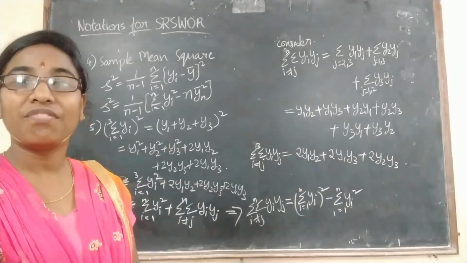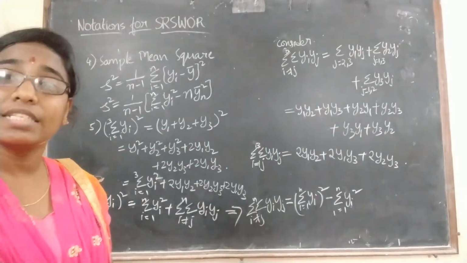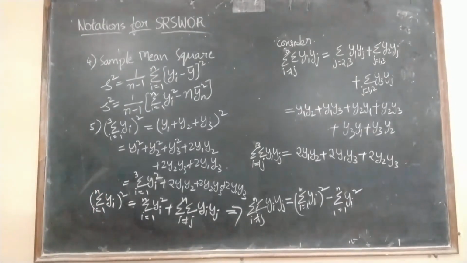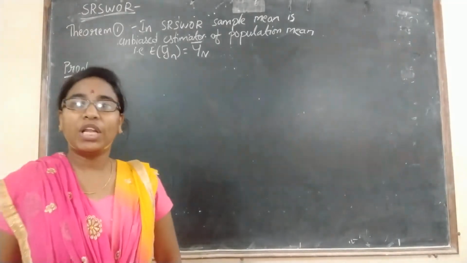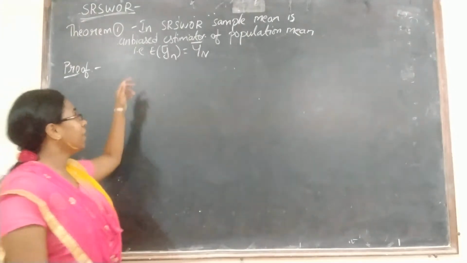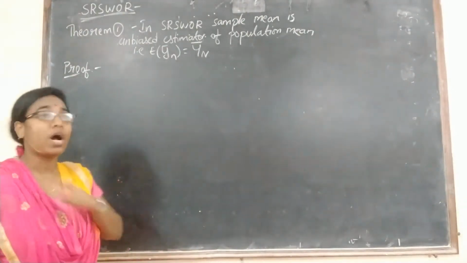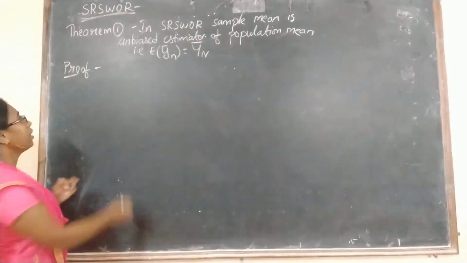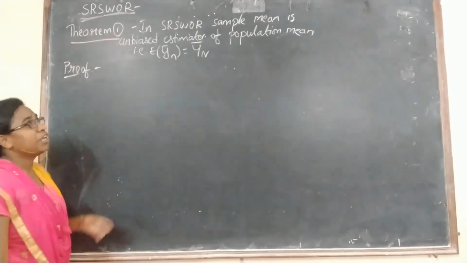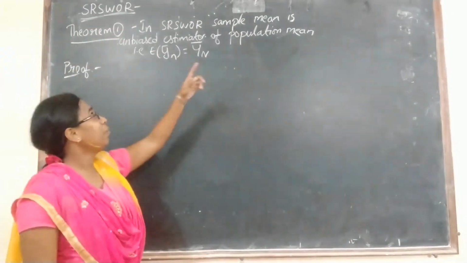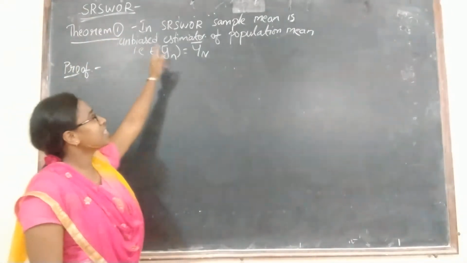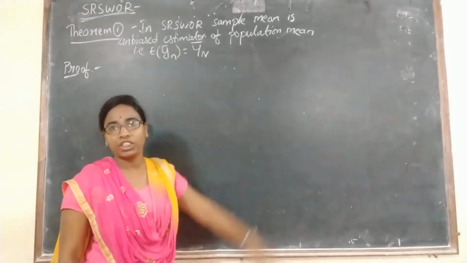Now we will go to the first theorem in SRSWOR. The first theorem in SRSWOR: the sample mean is an unbiased estimator of the population mean.